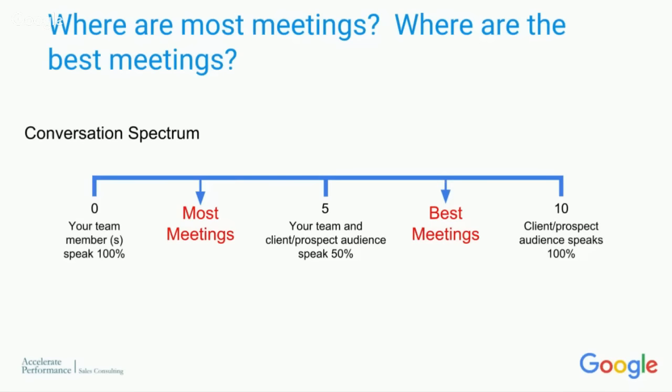But when we're using those slides, by the nature of using those slides, where are you going to be on this scale? Probably a little bit further to the left. Now, it's fine to use slides, but one little thing you can do, I would suggest, is actually putting questions on your slides. Putting questions you want to ask your client on your slides. That will enable you to incrementally and intentionally take steps to the right in this conversation spectrum.